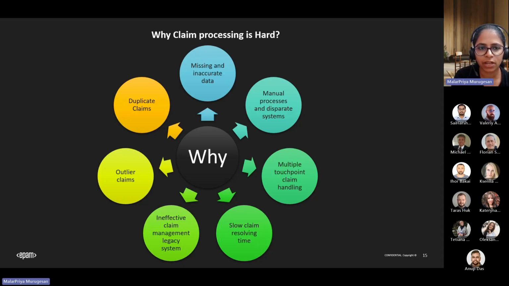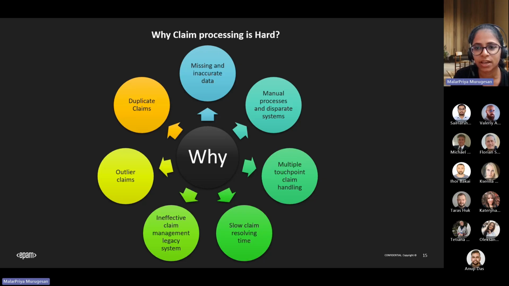So there are ineffective claim management legacy systems and outlier claims, especially claims of high cost, complexity, or unique circumstances, for example, claims for organ transplant or high cost surgeries. Slow resolution is a result of the ineffective claim management legacy system.